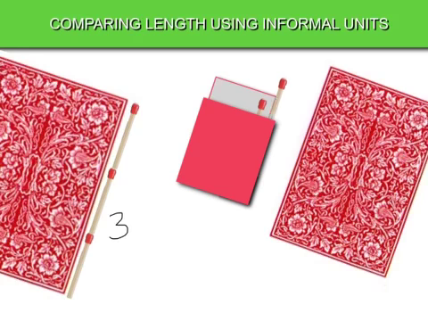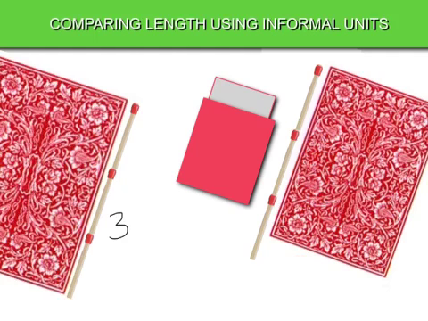So I'm going to grab a match and I'm going to put it right on the end of the card, and another one. And I might have to make another one here. There we go. Now, I can definitely see that this one is not 3 matches long. So, this one was 3 matches long, but this one is less than 3 matches long.